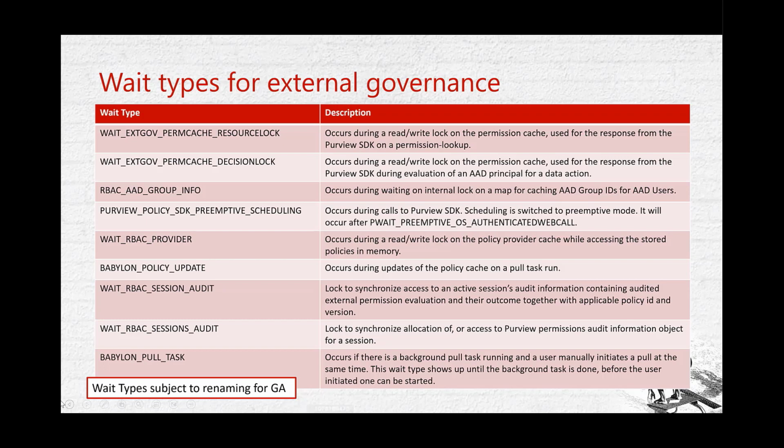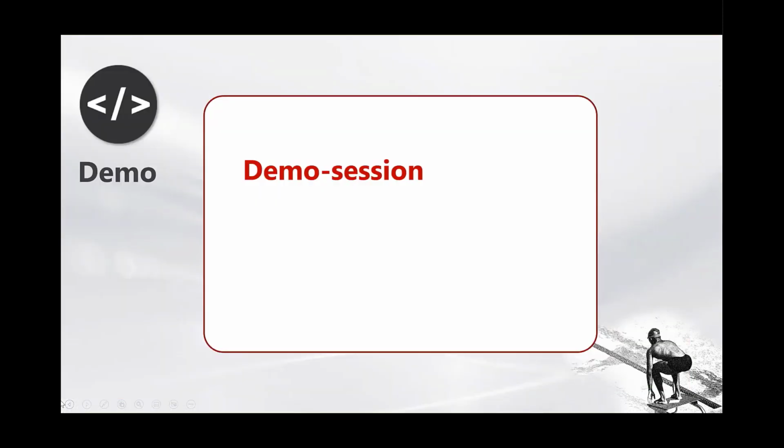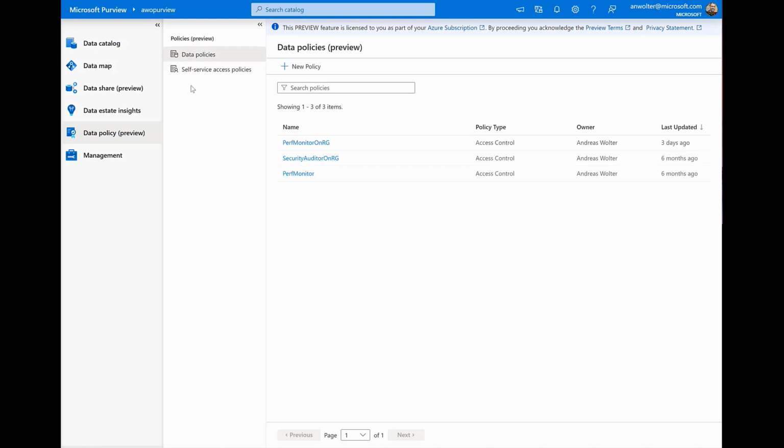Okay, with that said, I think it's time to look at it in a live session. I will start the demo by looking at what Microsoft Purview is actually defining on this server. So in the Azure Purview portal, I have navigated to the Data Policy tab.